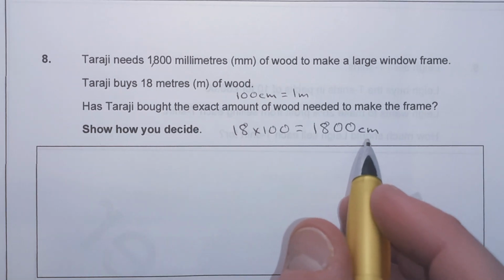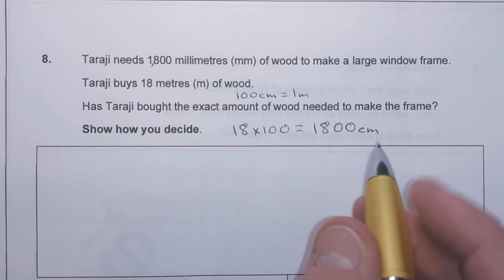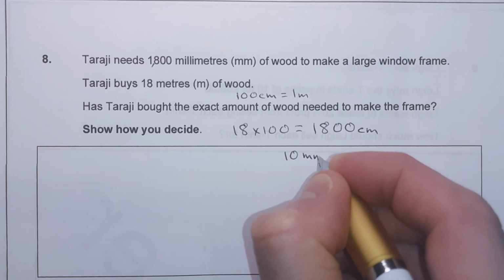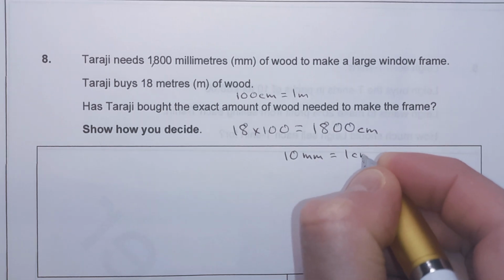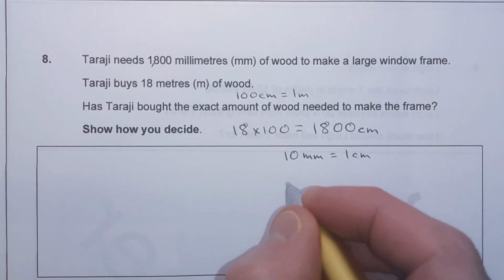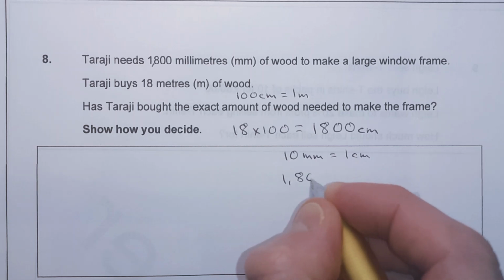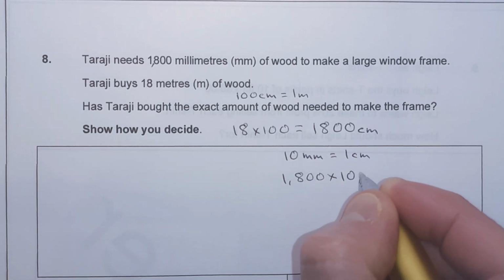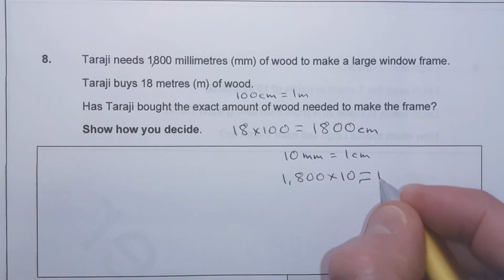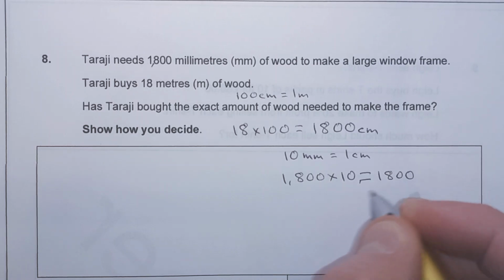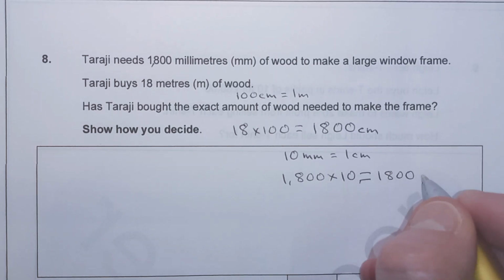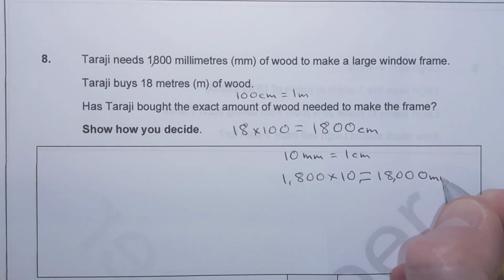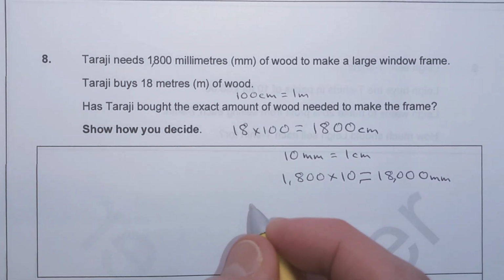But we want 1,800 millimeters, or at least that's what Taraji needs. So let's continue converting till we get them in the same units. So I know that there are 10 millimeters in 1 centimeter. So if we want this in millimeters, we're going to need to multiply it by 10. So 1,800 times 10, add a 0 on. So we get 18,000 millimeters.